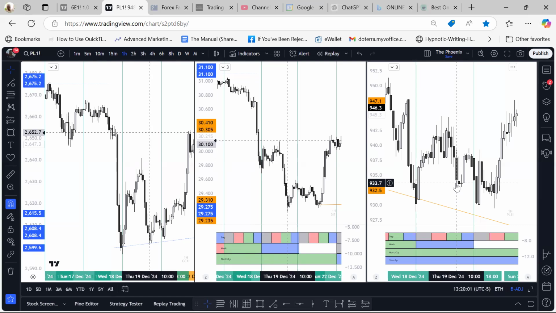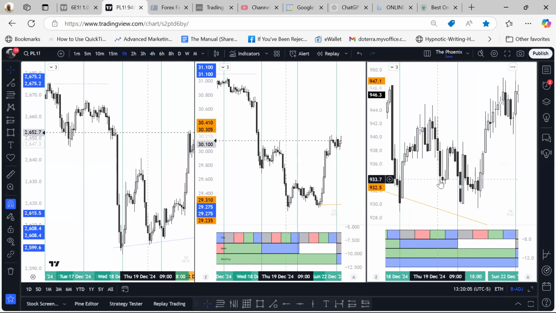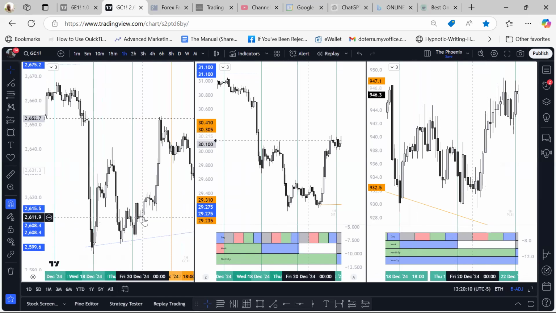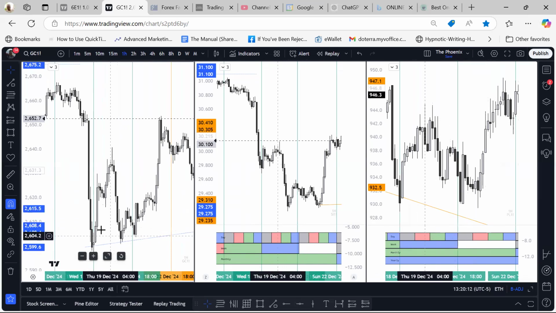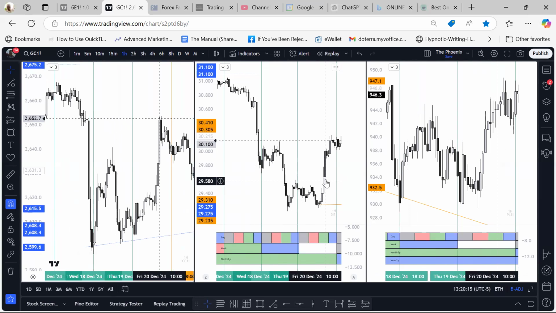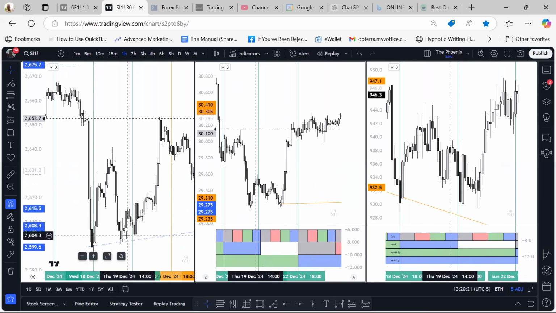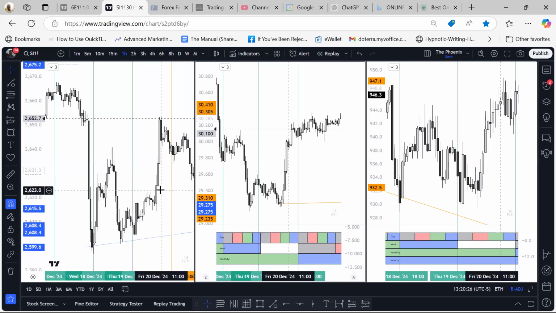On gold, it failed, and on platinum, it failed. Coming to Friday, that would have been our signal to look for buys on Friday, based on how price closed on Thursday. We have Friday expanding back inside the range, which is no surprise after the SMT that was here. All right, so that's how you look at it.